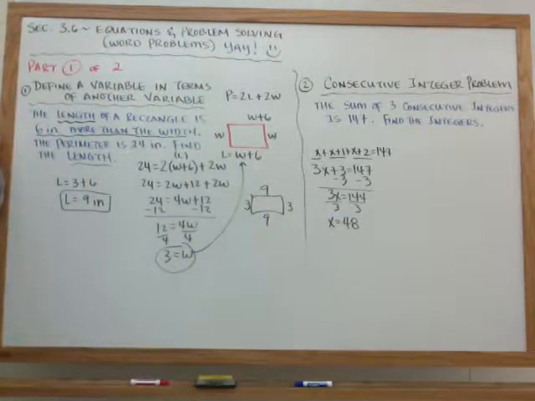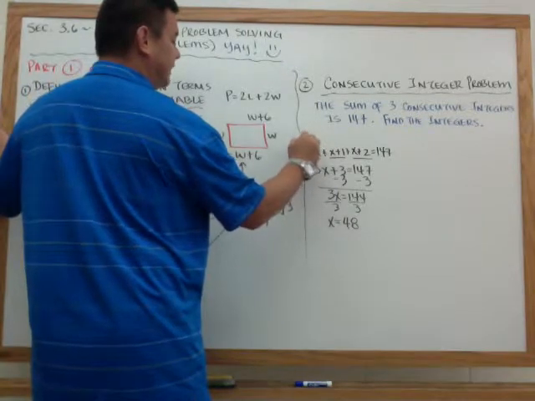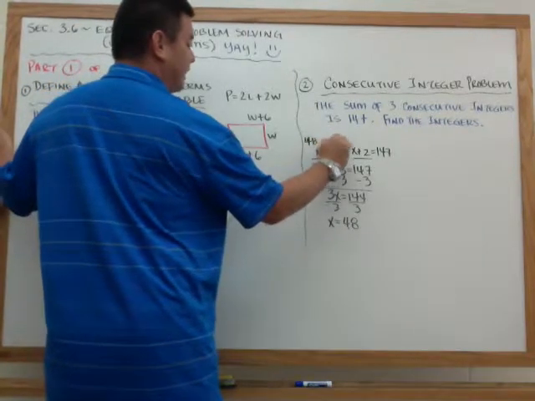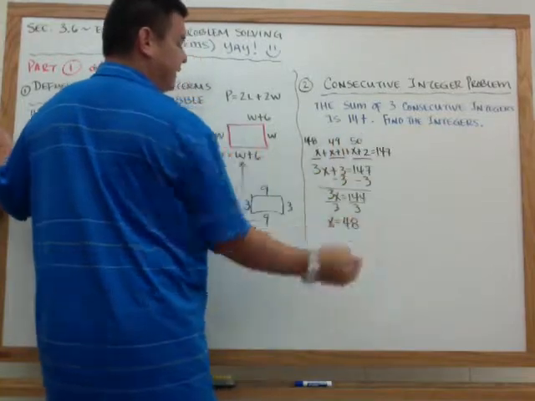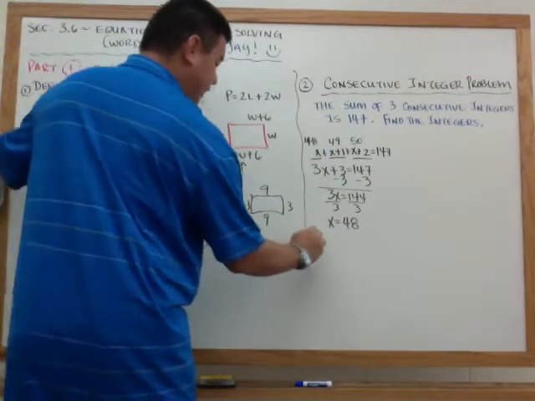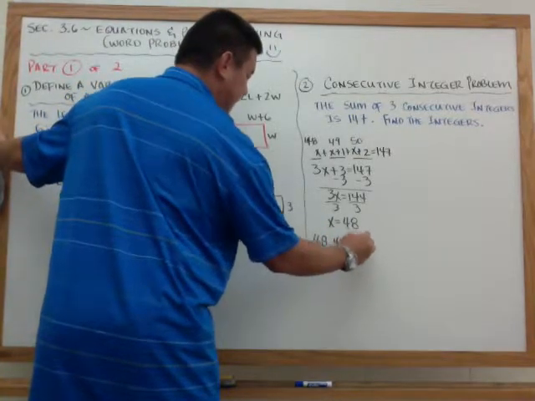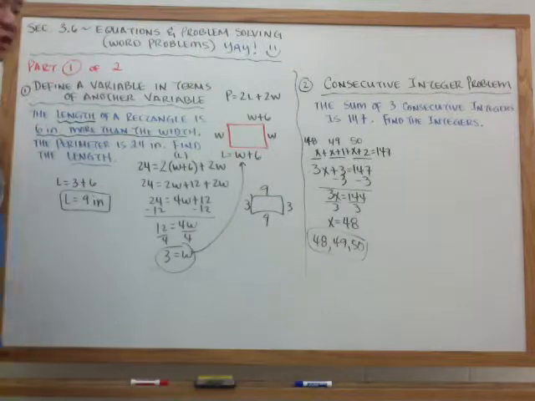If x is 48, and it's asking for all 3 of them, this would be 49, and this would be 50, because x plus 1 and x plus 2. So my answer would be 48, 49, and 50. If you add them together, they should add up to 147, and they do.